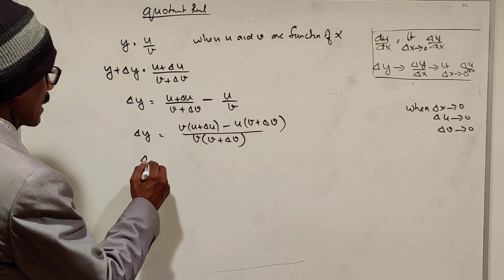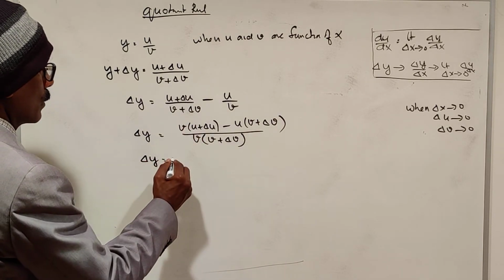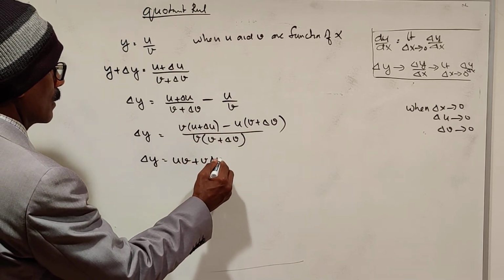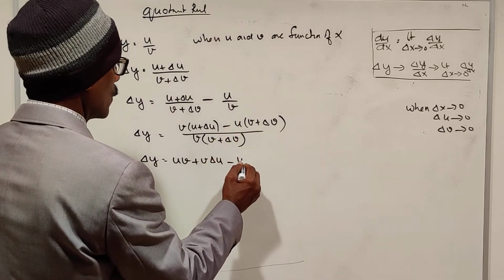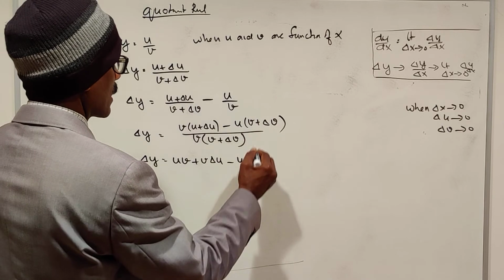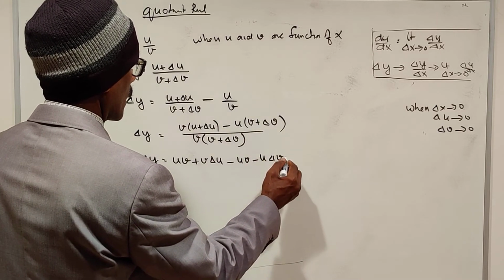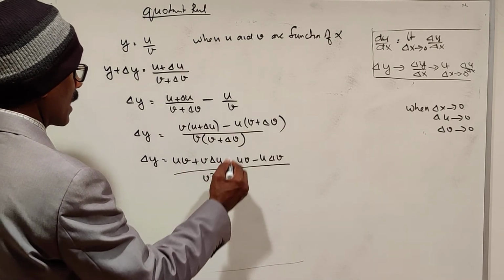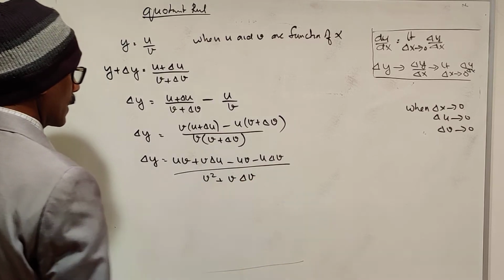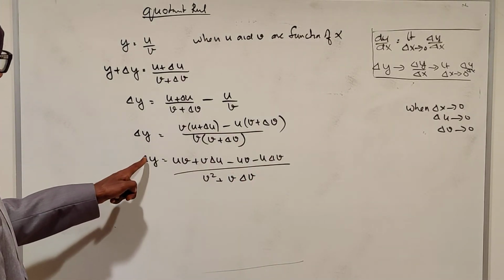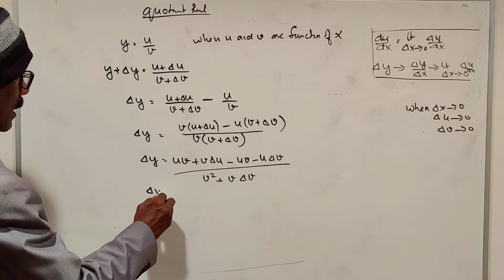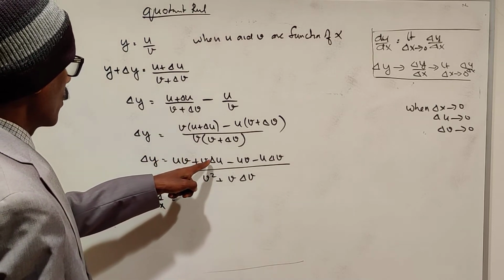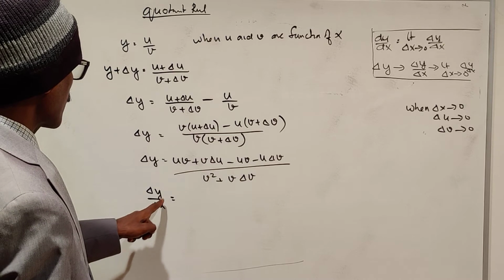Okay, next delta y equals uv plus v times delta u minus uv minus u times delta v, divided by v square plus v delta v. Then delta y by delta x: I am going to divide only the numerator by delta x.